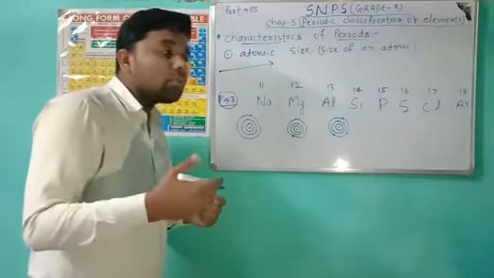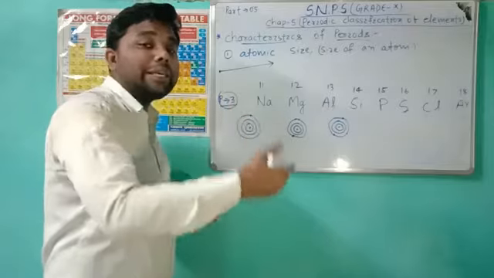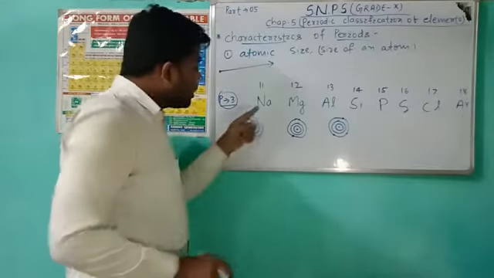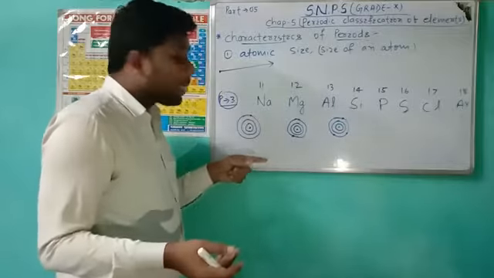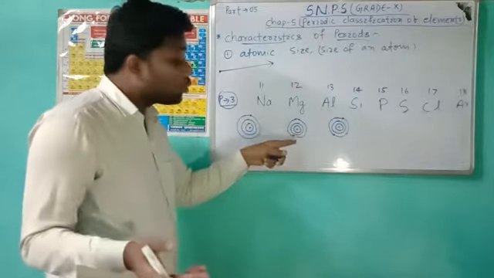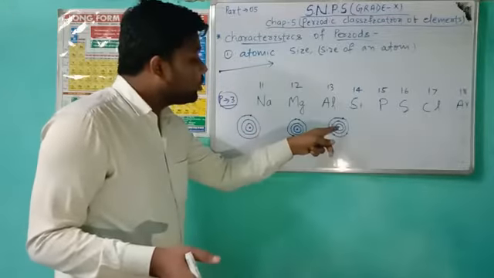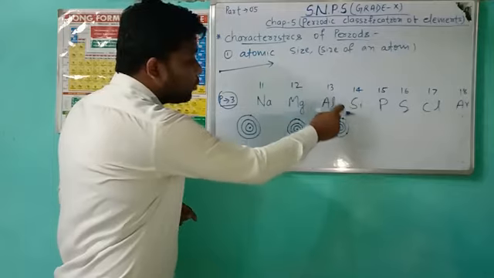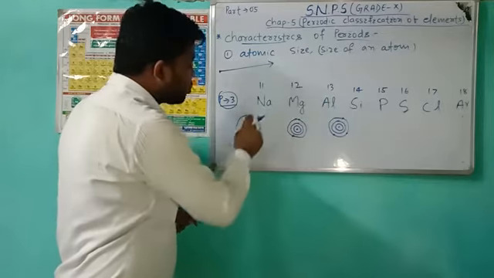What does that mean? It means sodium has 11 protons in its nucleus, magnesium has 12 protons, and aluminium has 13 protons.